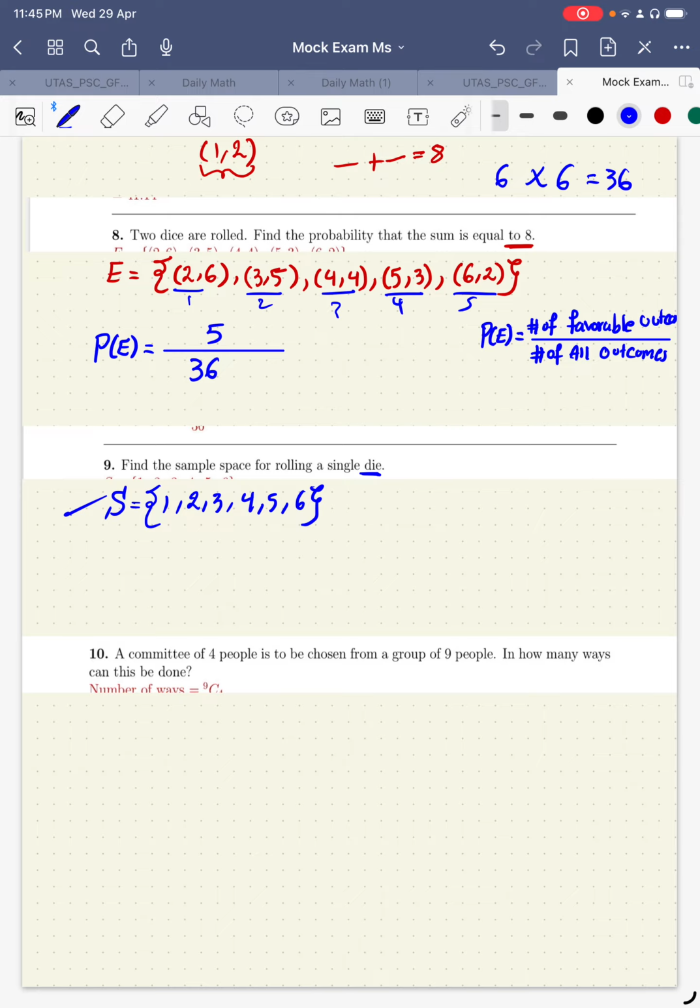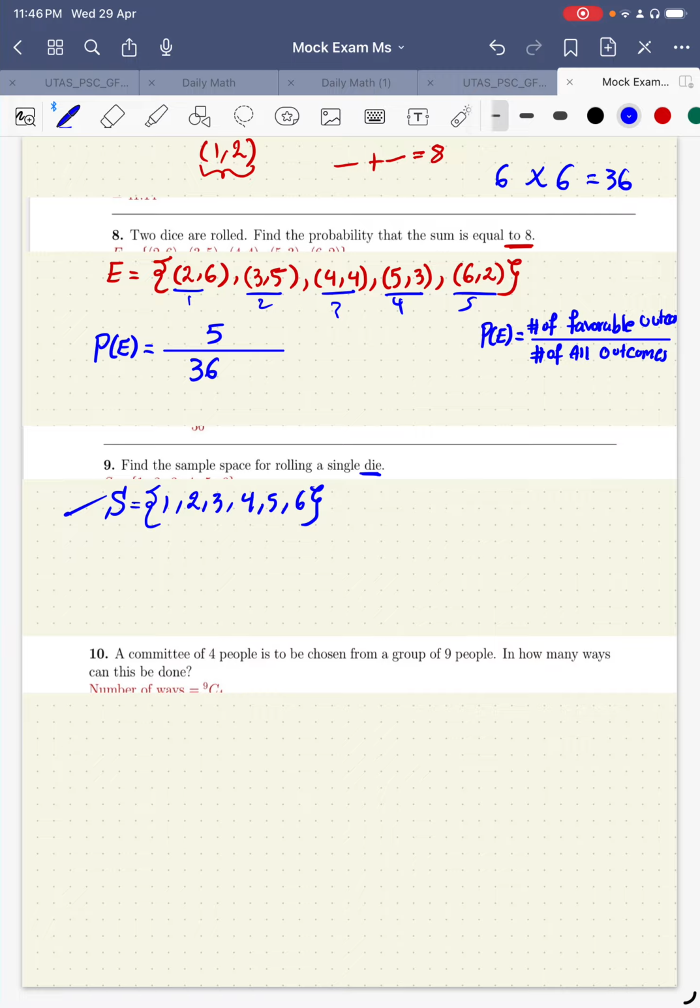Let's go to the number 10. A committee of 4 people is to be chosen from a group of 9 people. In how many ways can this be done? So as we know, there are few words that gonna tell me when I'm gonna use combination and when I'm gonna use permutation.